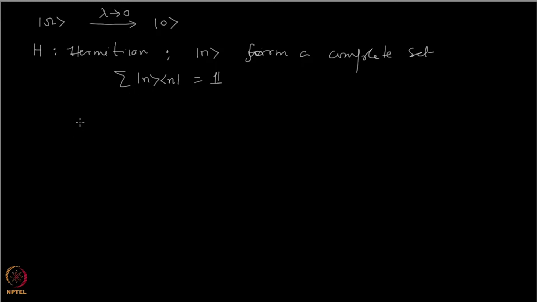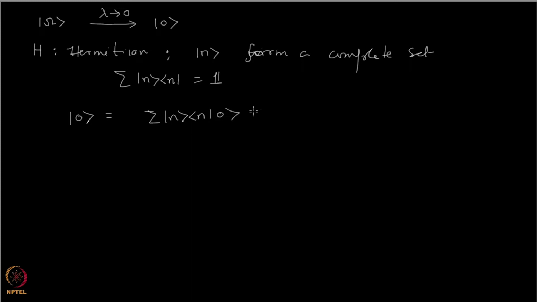Okay, so let's try to express the vacuum of the free theory in terms of the vacuum of the interacting theory, and to do that I start by writing this. So I insert a complete set here. I just have vacuum on both sides and I have inserted this complete set.